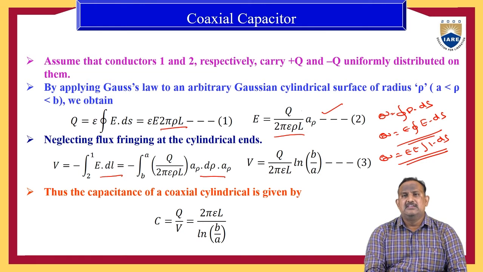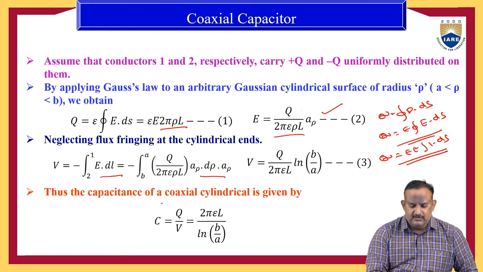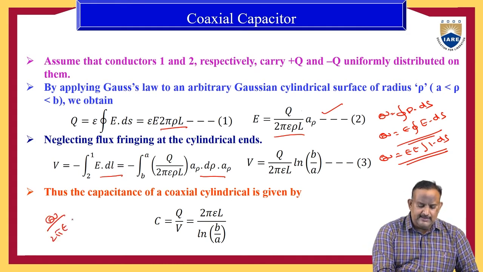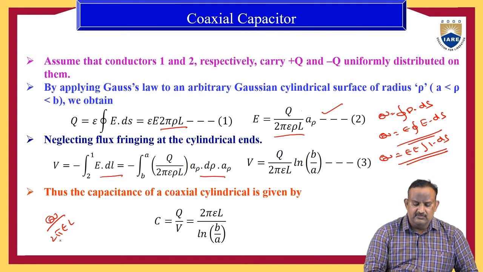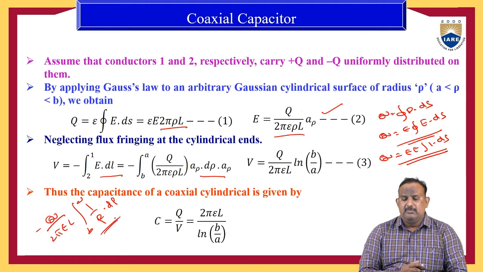If we integrate this, Q by 2 pi epsilon L is constant and can be kept outside, leaving minus Q by 2 pi epsilon L times the integral of 1 by rho d rho.